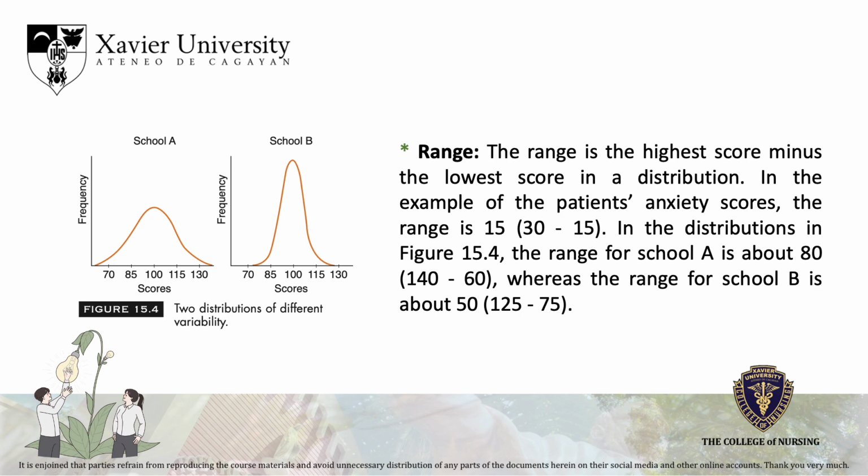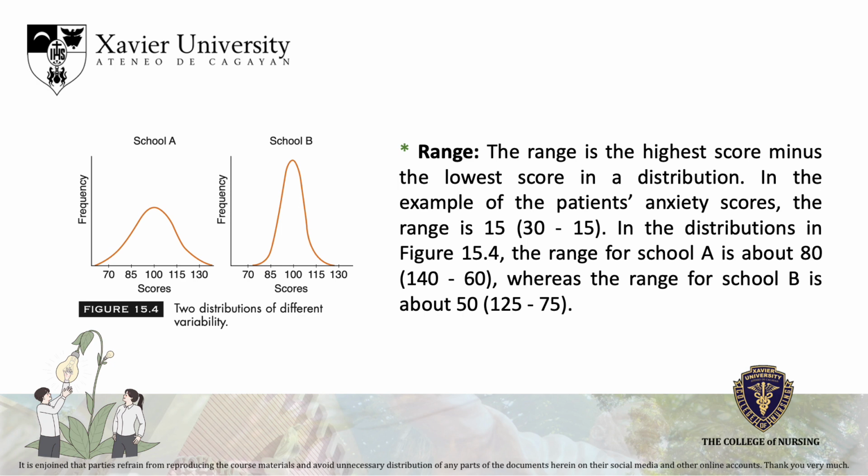The range is the highest score minus the lowest score in a distribution. Take note, you subtract the lowest score from the highest score of the distribution that you have. In the example of patients' anxiety scores, the range is 15, since 30 is the highest and 15 is the lowest, so you subtract, that's 15.